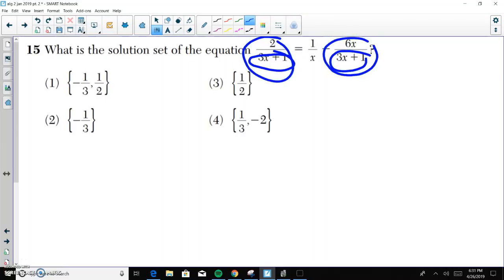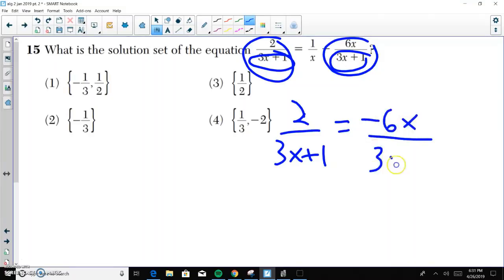So because they have the same denominator, it's easy for us to say 2 minus negative 6x. So here, you'll see what I mean. 2 over 3x plus 1 equals negative 6x over 3x plus 1.